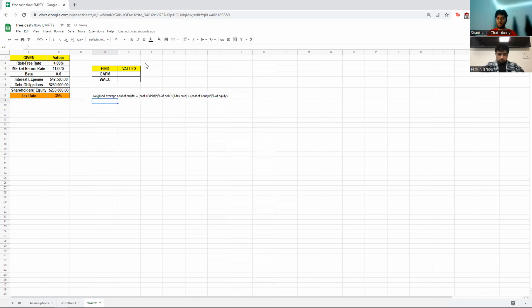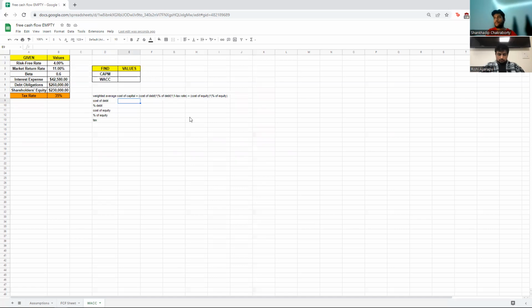So that is your weighted average cost of capital formula. This is what we're going to need in order to find WACC. So we need a couple different things. We need cost of debt, we need percent debt, cost of equity, percent of equity, and then the tax rate that's already given, but we can write that down again.